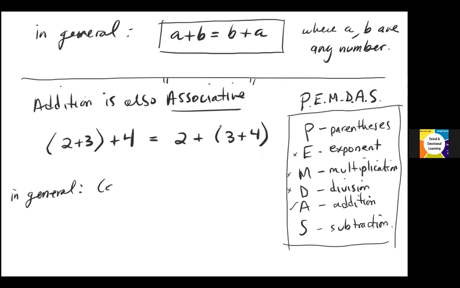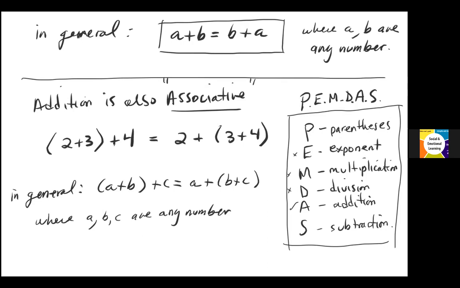We say that (a plus b) plus c is equal to a plus (b plus c), again, where a, b, and c are any number. So this is the associative property for addition.